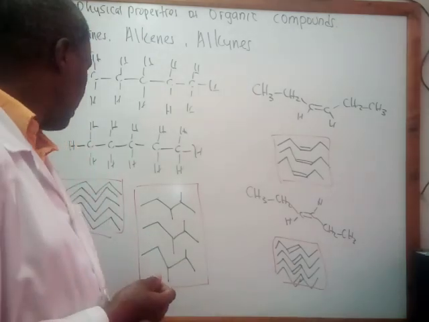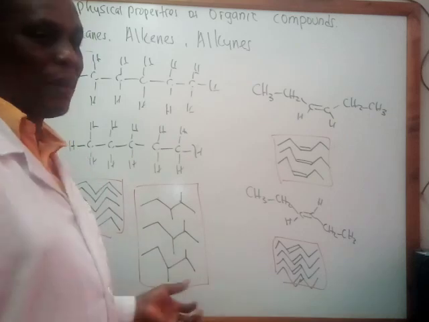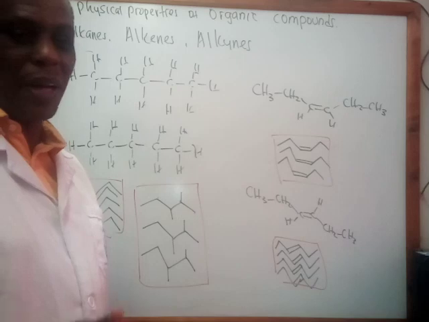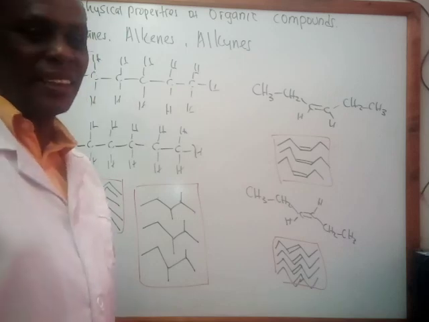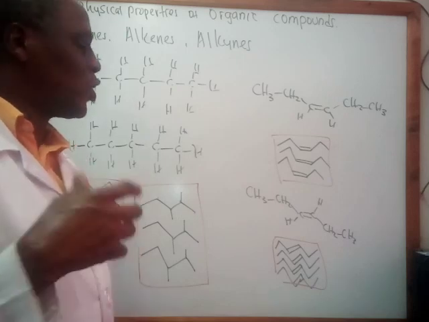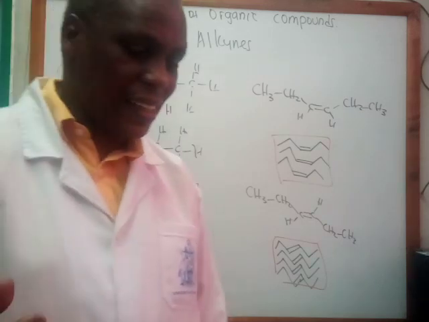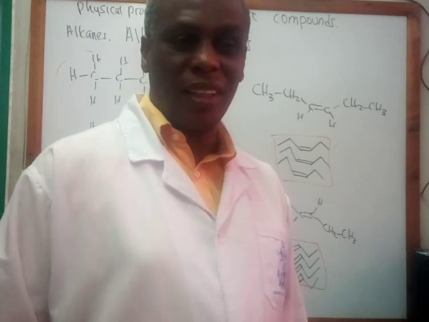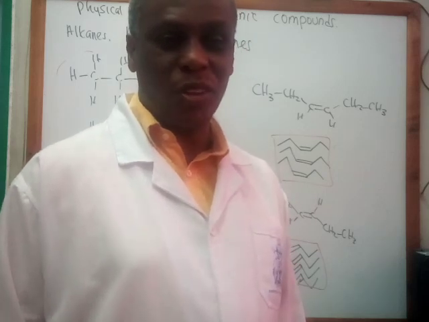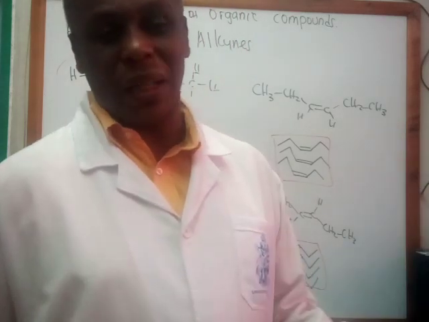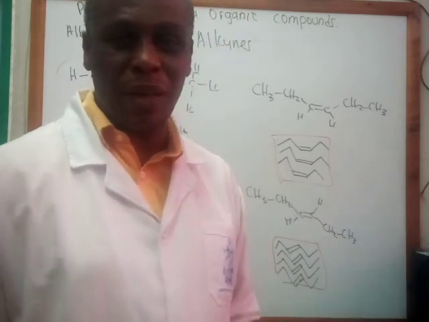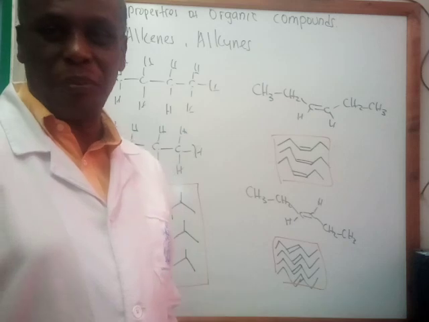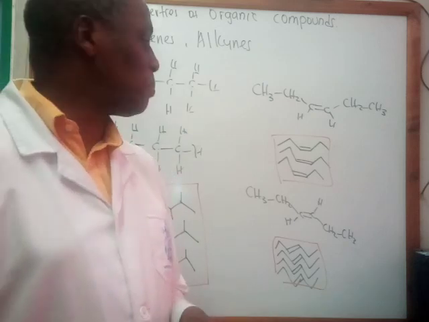Now in this case, it applies to complete combustion, whereby you are burning in excess oxygen, and therefore you're going to be producing carbon dioxide plus water. But if there is incomplete combustion, then for organic matter, you're going to produce carbon monoxide, and the equation will become a bit complicated. But as for now, we're only dealing with complete combustion, and we'll be forming carbon dioxide plus water.